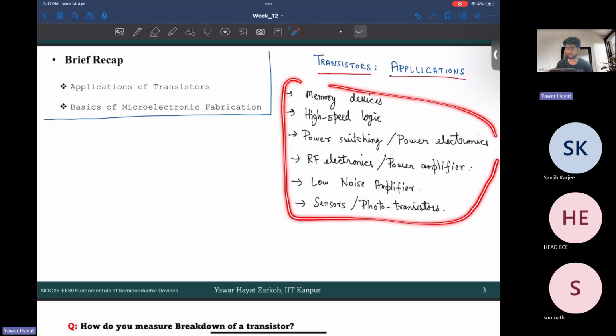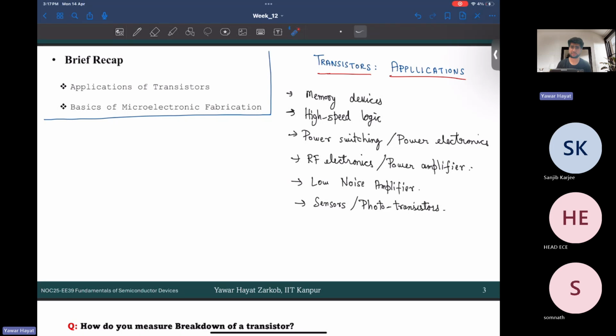So these are the broad application areas that different transistors target.